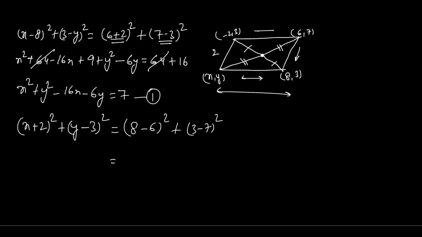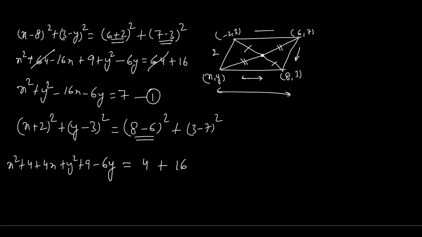So what you need to do here is open the bracket again: x square plus 4 plus 4x, y square plus 9 minus 6y is equivalent to 8 minus 6, that is 2 square, which is 4, and 6 minus 2 means 2 square means 4, and then 3 minus 7 means you will get again 4, and 4 square is actually 16, so it will become 20.